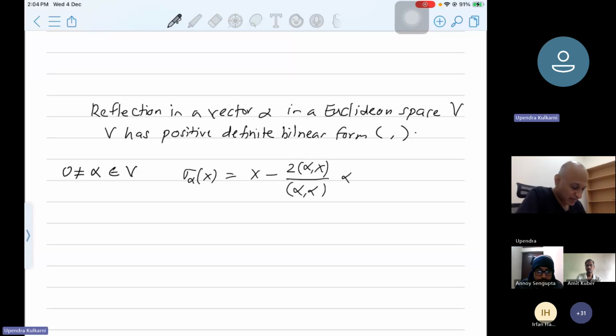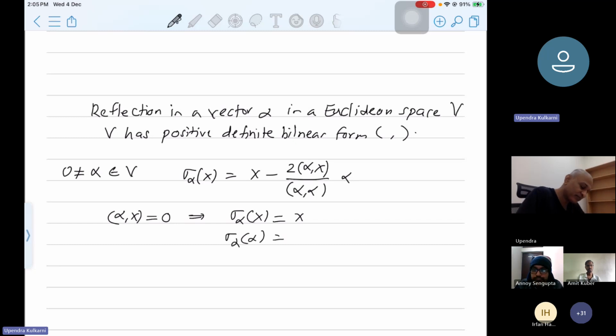Okay, this formula should really be fixed in your mind. All right. So let's examine this formula a bit. If x is perpendicular to alpha, that is, if the inner product of x and alpha is 0, that tells me what? Sigma alpha of x is x, because the second term just dies, right? Whereas sigma alpha of alpha itself is what?